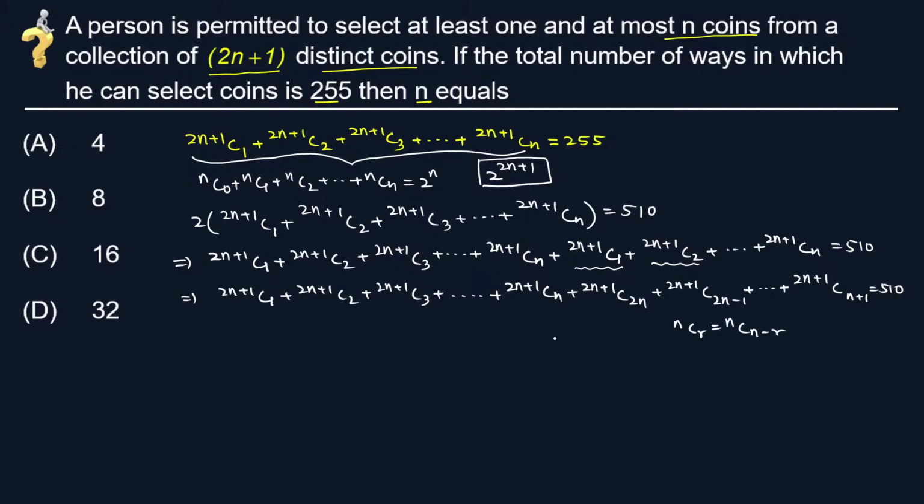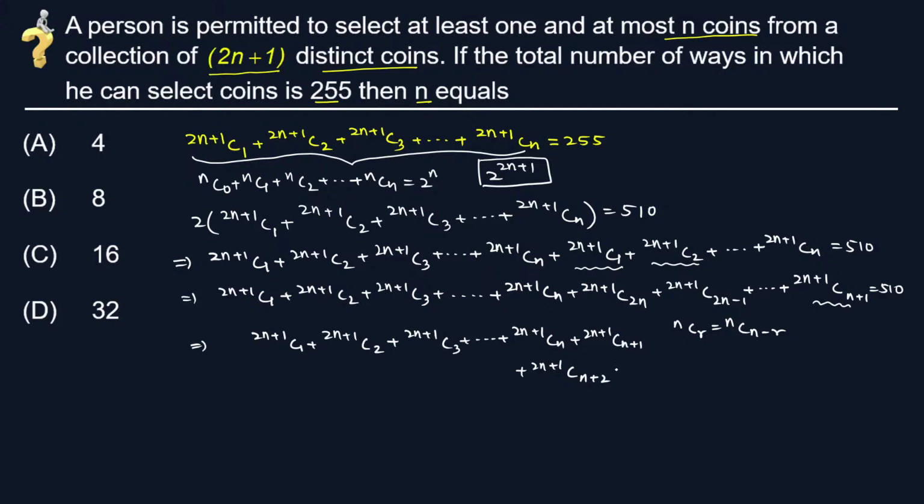So now observe carefully that we can write the thing in this way. 2n plus 1 C1, let it be like that. This is 2n plus 1 Cn. Now observe, I'm writing this thing here: 2n plus 1 Cn plus 1. And before that we are having 2n plus 1 Cn plus 2.